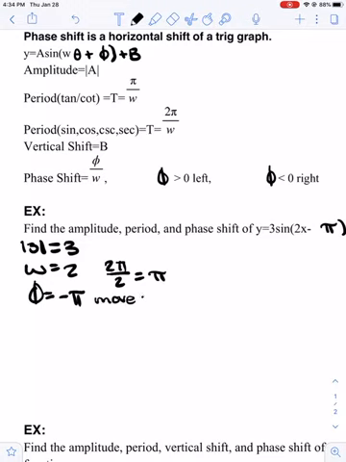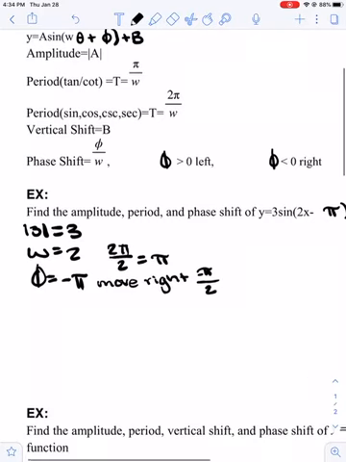So move right. To find the phase shift, we do phi divided by w, so negative pi divided by 2. So this is going to shift the whole graph pi over 2 to the right.